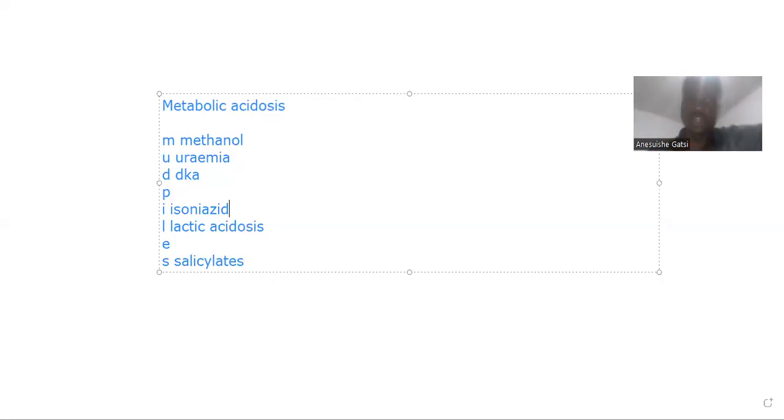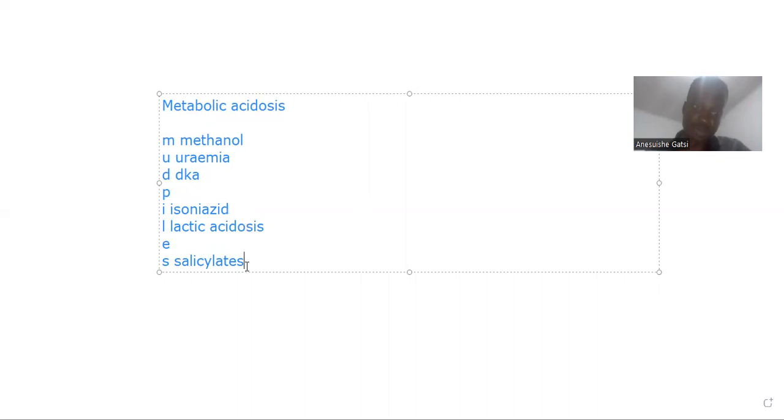Right. So these are some of the causes of metabolic acidosis, but these are causes of metabolic acidosis with a high anion gap. So anything that is going to increase acid, as you can see. So remember the anion gap.